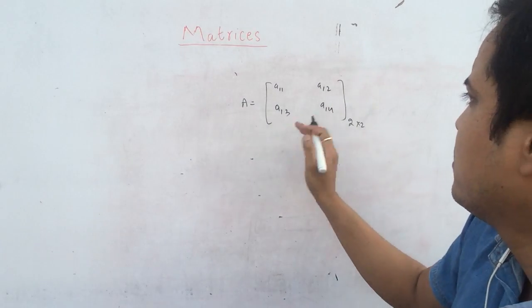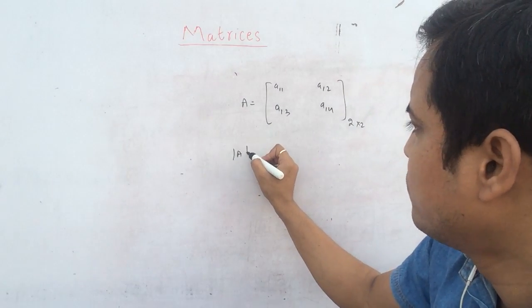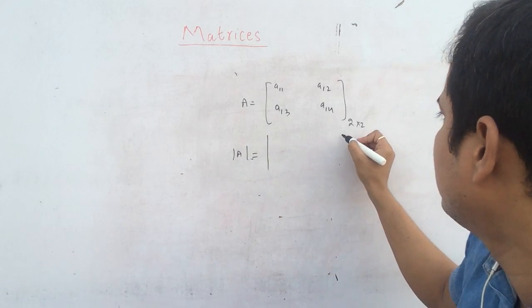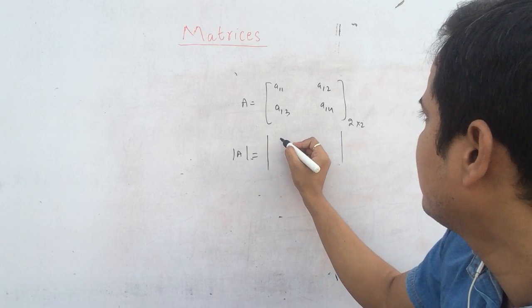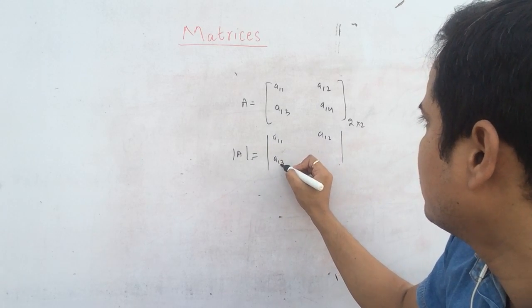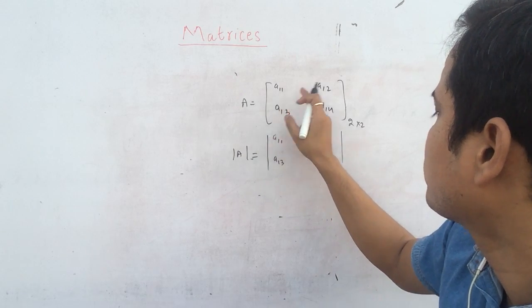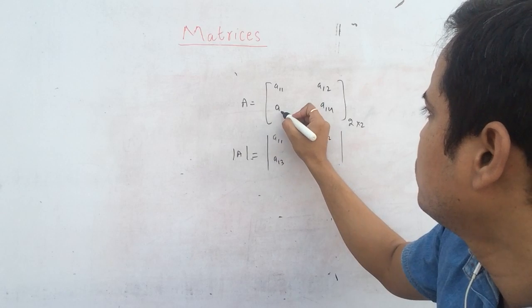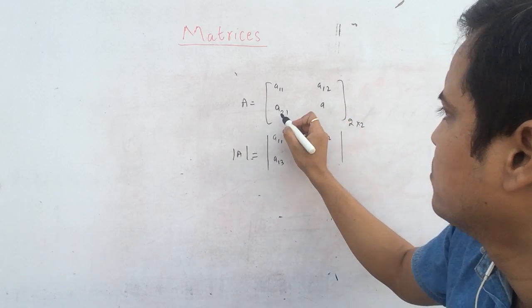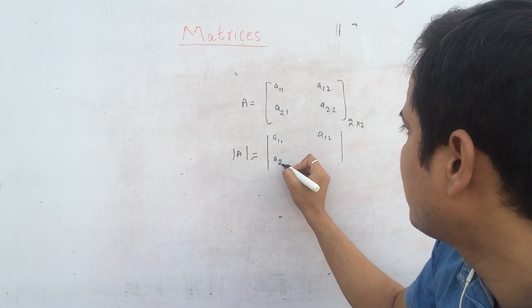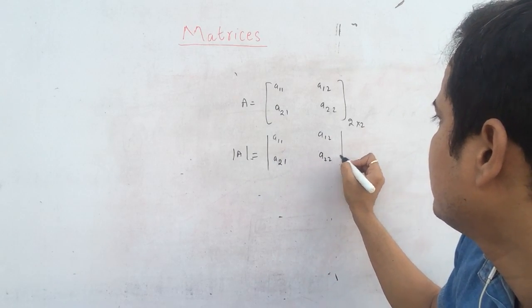If you want to find the determinant of A, you have to write it like this: first row A11, A12, second row A21, A22.